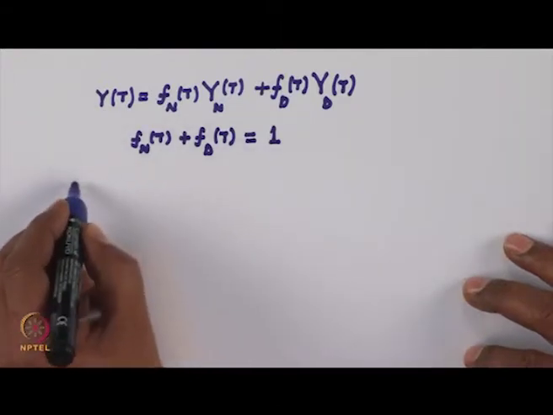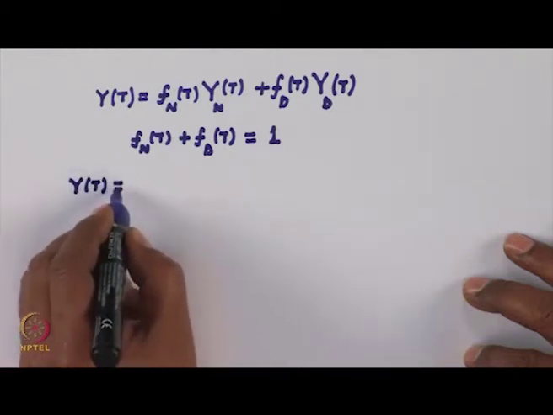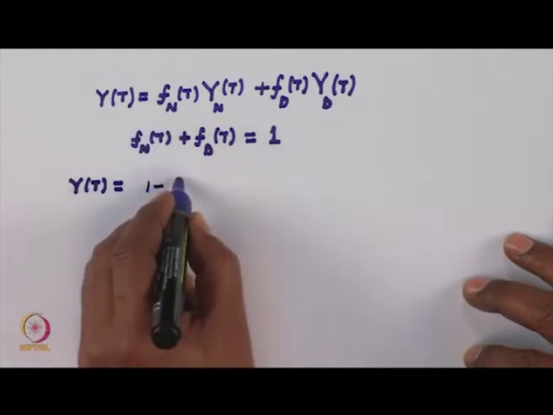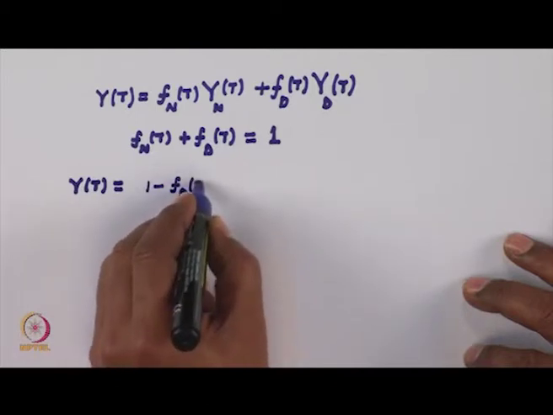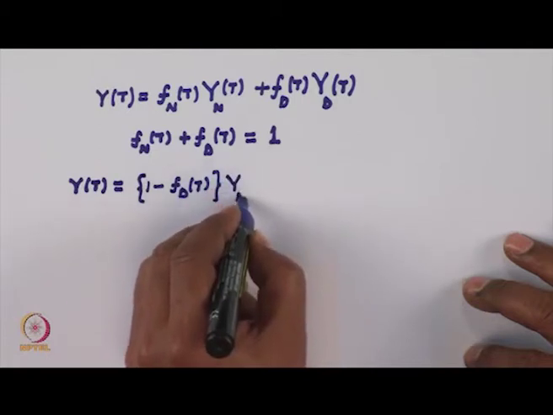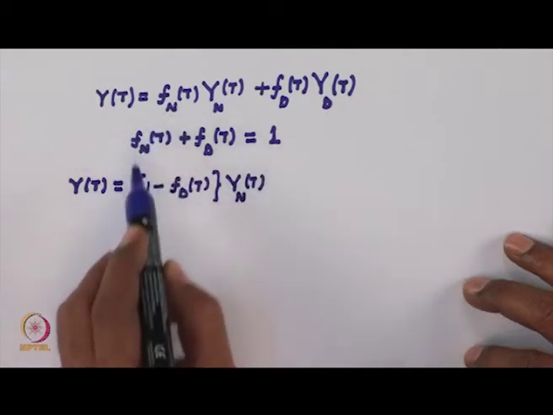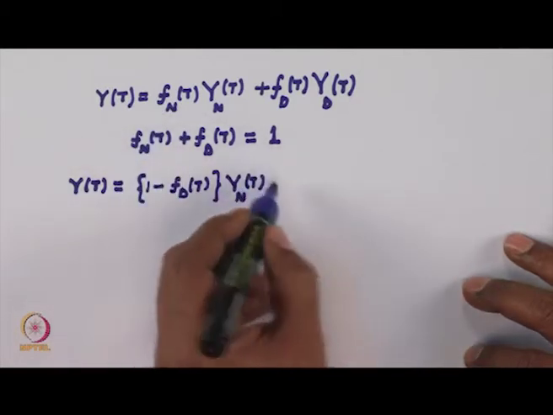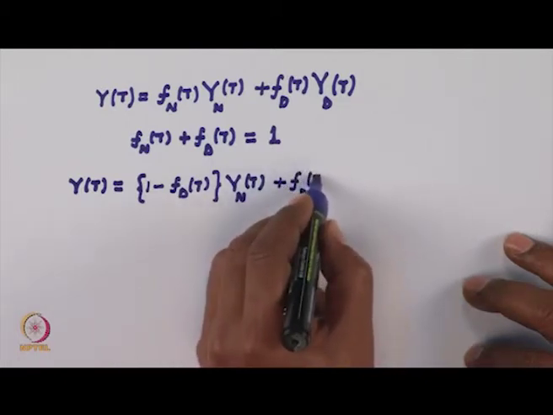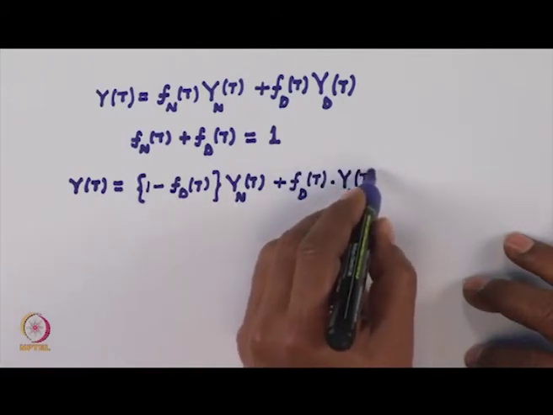Therefore, this equation becomes Y at any temperature T is equal to, instead of Fn, I will write 1 minus Fd at temperature T into Yn at that temperature, plus Fd at temperature T into Yd at that temperature.